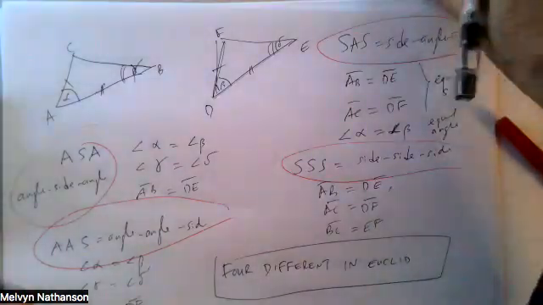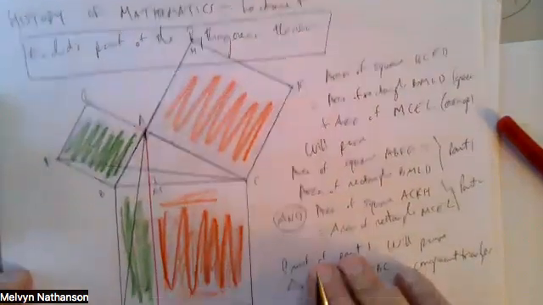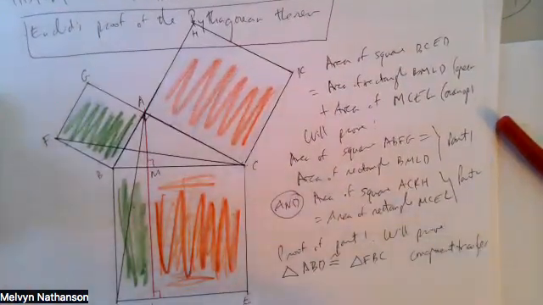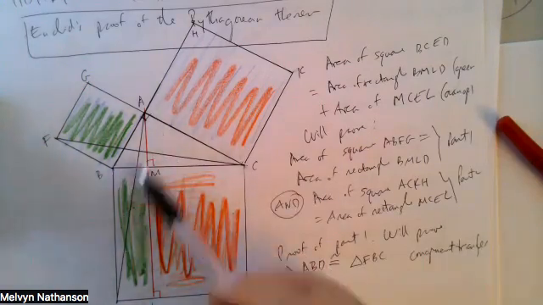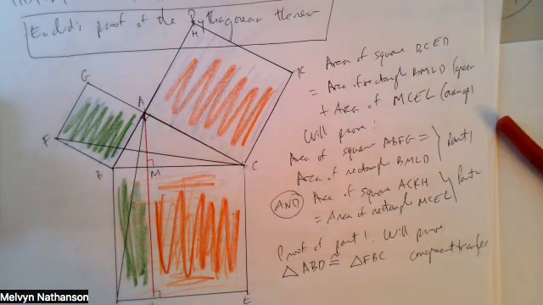So let's go back and look at our picture. I want to show that this narrow triangle, ABD, is congruent to the narrow triangle, FBC. I mean, they kind of look congruent, but that's not a proof of anything. So what can we say?